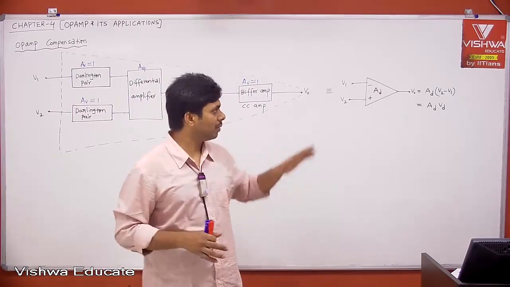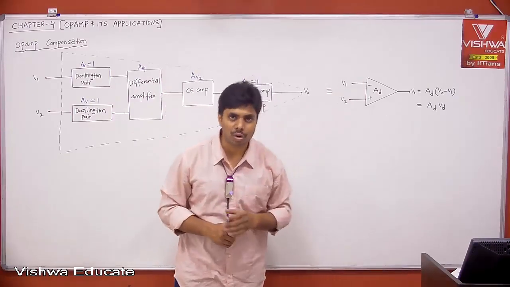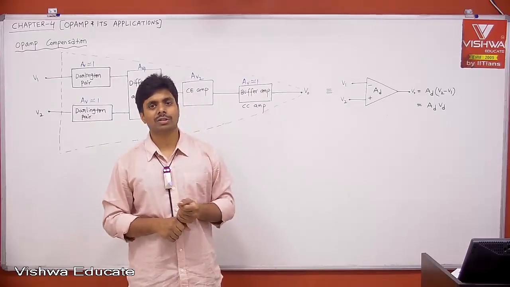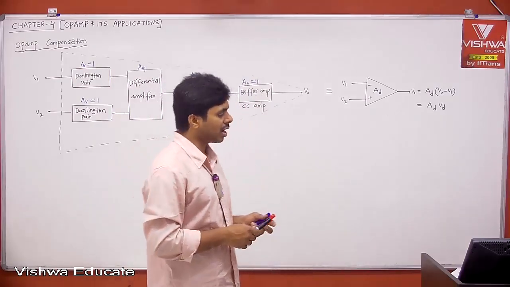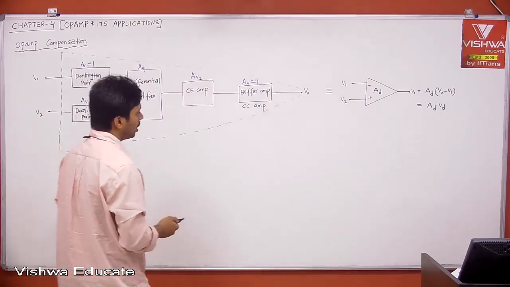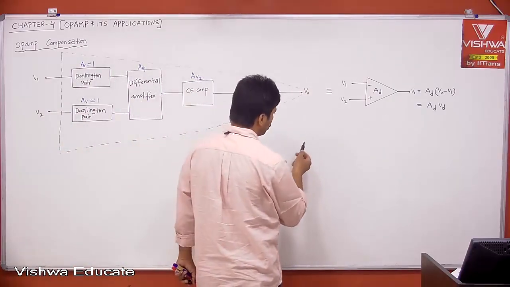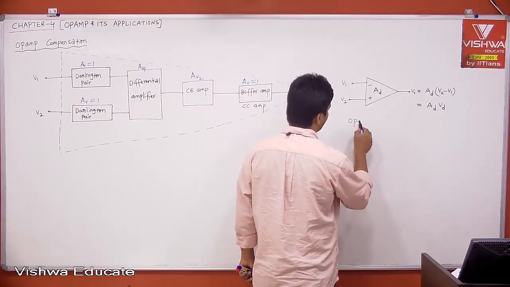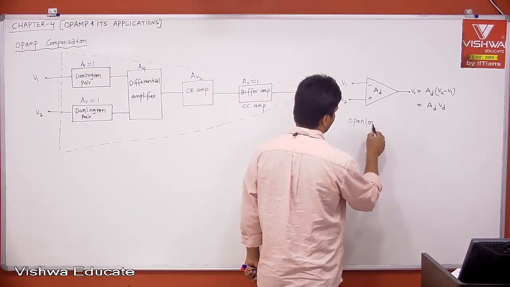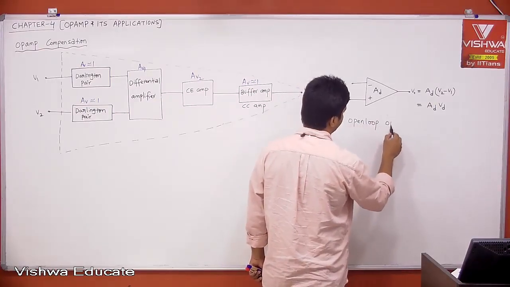That depends on your open loop number of poles, right? Now if I go to a little bit about the control systems concept, if you consider any closed loop system, this is what is open loop op-amp, right? This is what people say open loop op-amp.